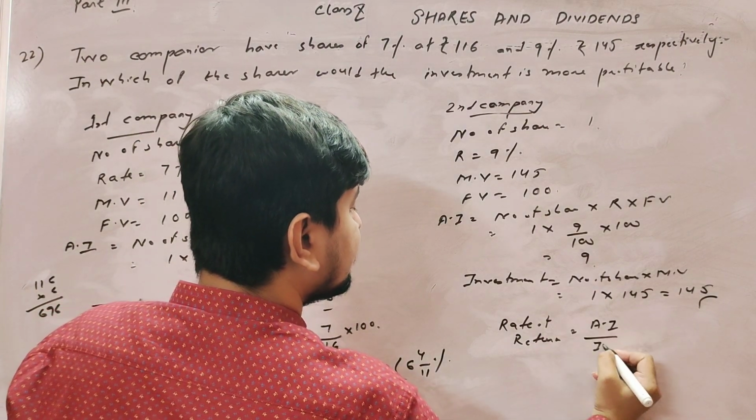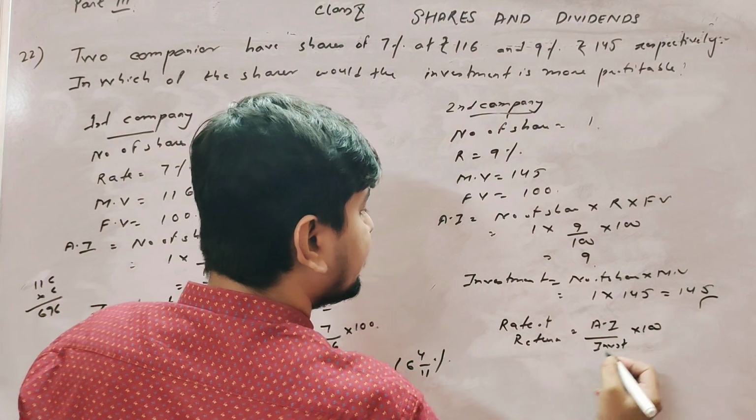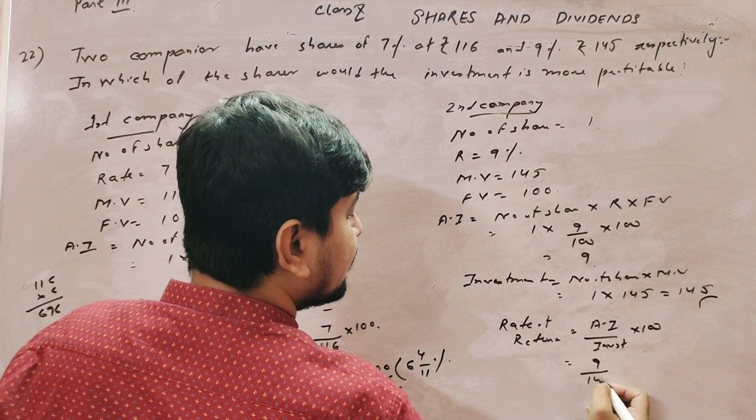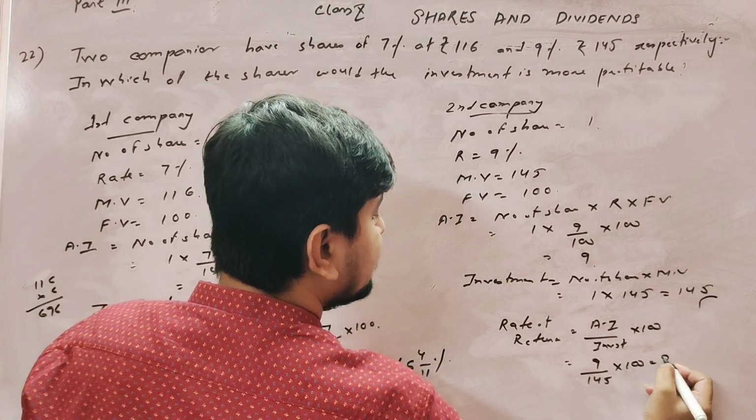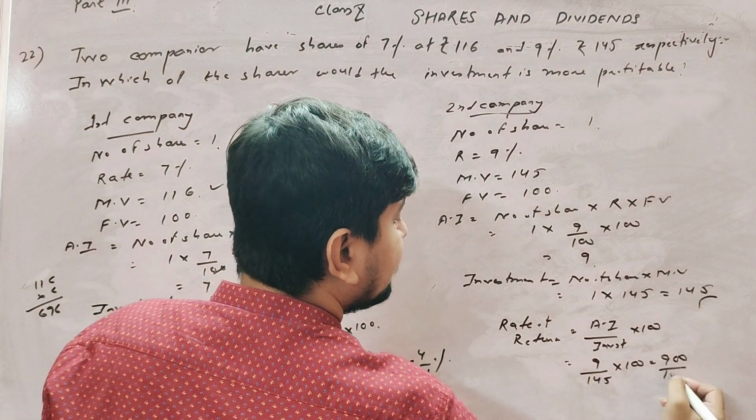Rate of return formula is annual income by investment into 100. Annual income is 9, investment 145, into 100. So it is 900 by 145.